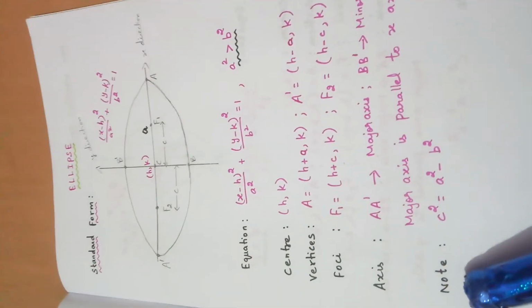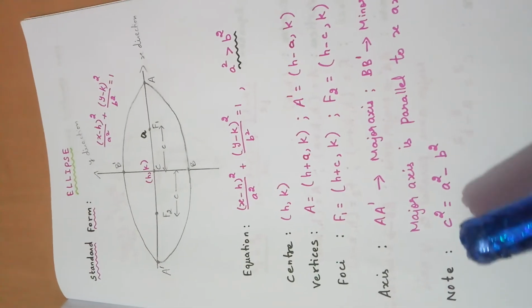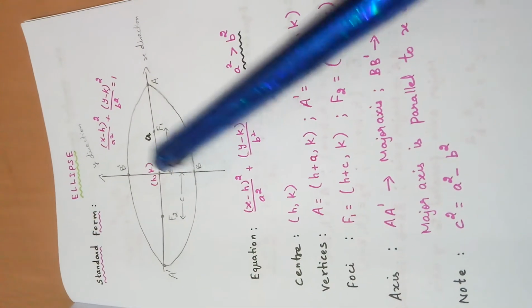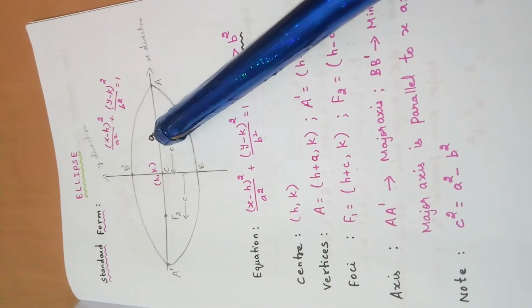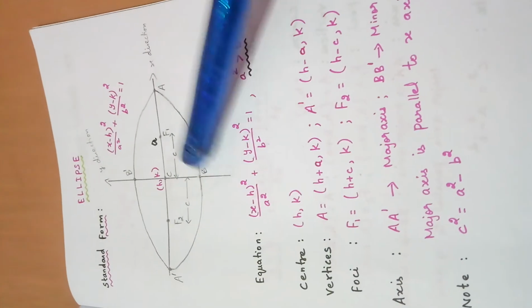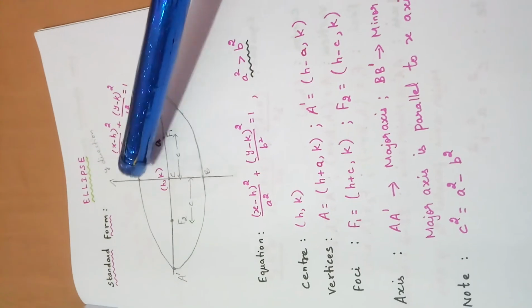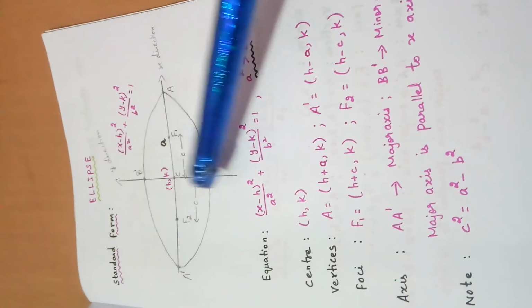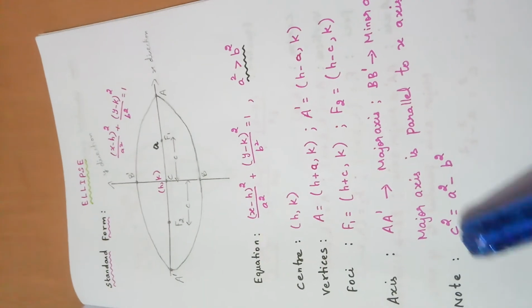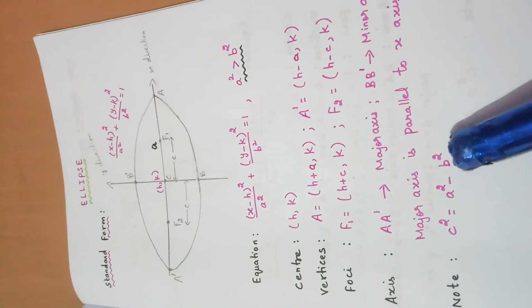And note, finally we are having one formula which relates C, A and B. What is A? The distance between center and capital A is denoted as A. What is B? The distance between center and one end, that is C to B, is denoted as small b. So these three are connected with the formula c square is equal to a square minus b square.